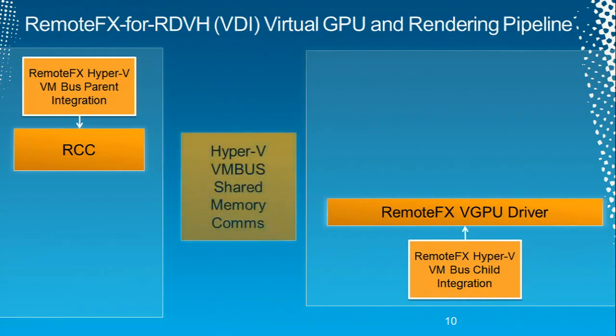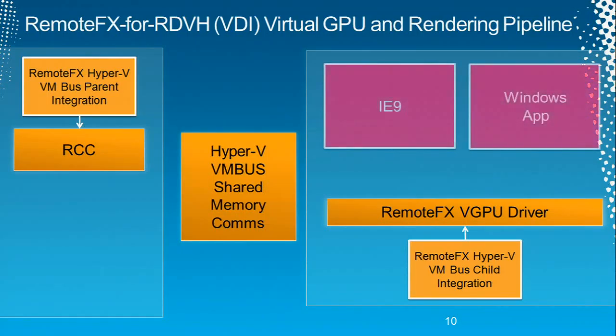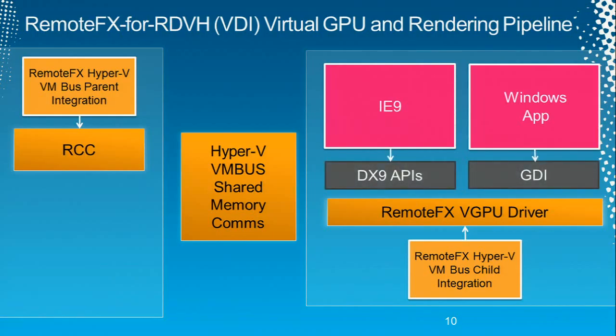So I just picked a couple of examples, IE9 or a Windows application. These applications will continue to run as they normally do, and they'll make API calls like they do today. Our RemoteFX vGPU driver, because it's a user mode and kernel mode WDDM driver, will take these APIs and convert them into what we call DDIs, or device driver interfaces, and then send them over to the parent partition.